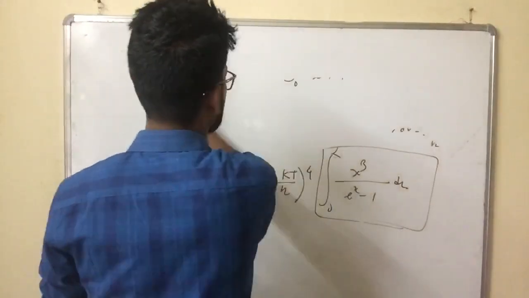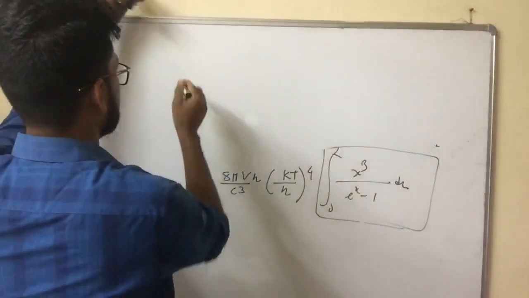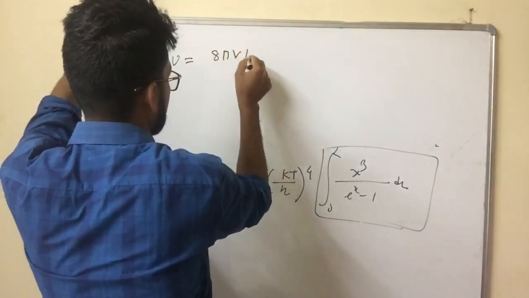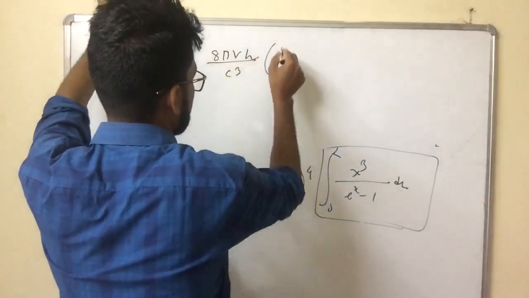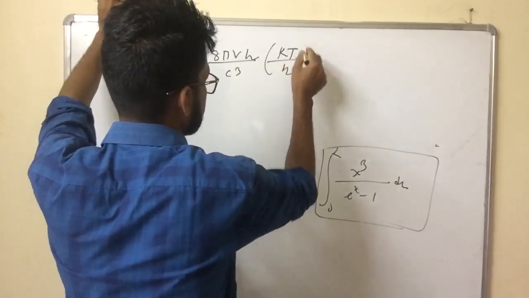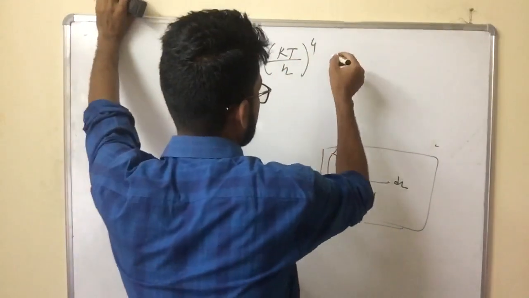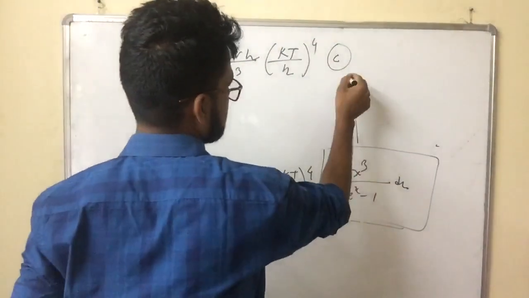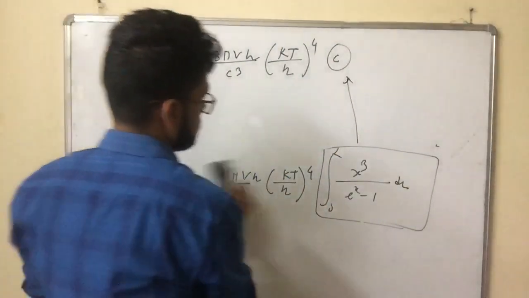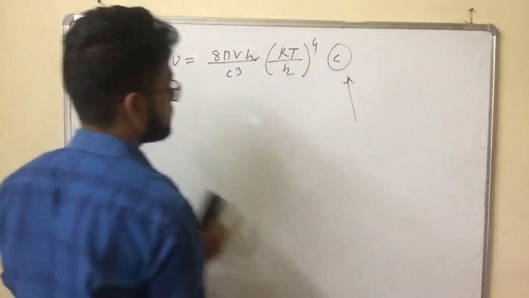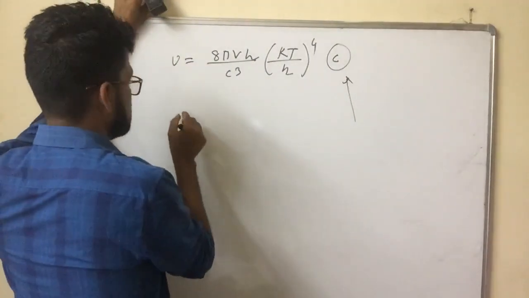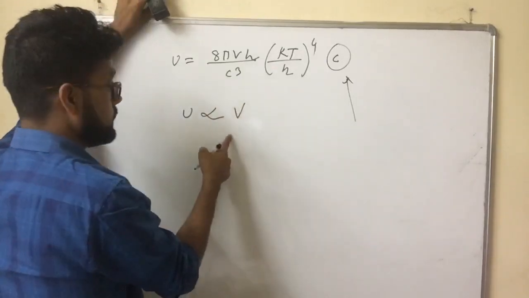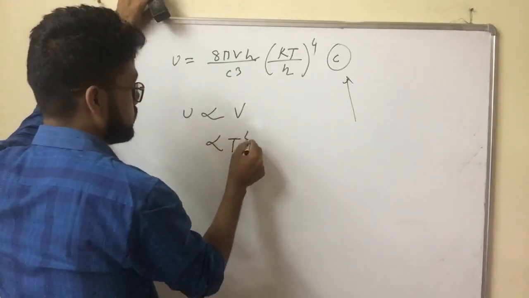So what I can understand, the total energy of the photons is 8 pi V over c cubed, kT to the power 4, and the integral, suppose, is a constant. So the total energy is proportional to V, the volume of the cavity, and proportional to T to the power 4.